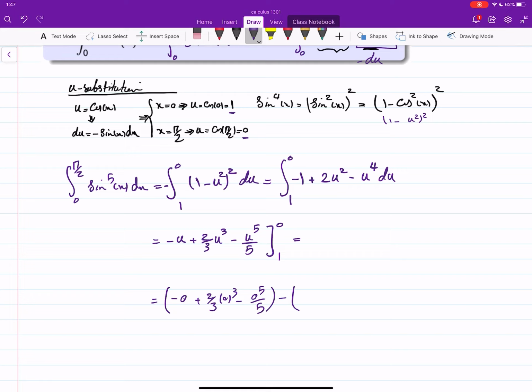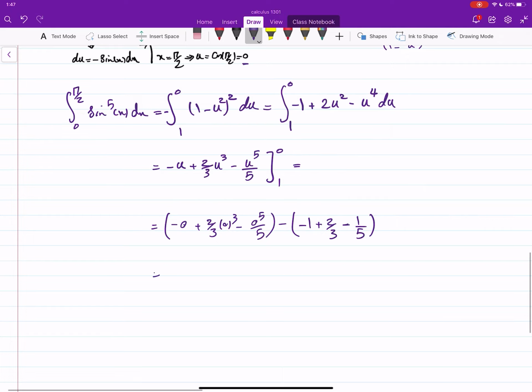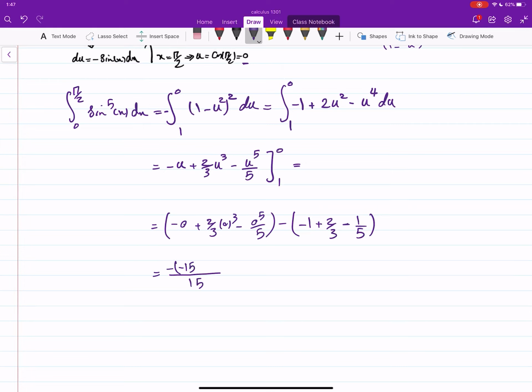Minus, when I plug in 1, this will be minus 1 plus 2/3 minus 1/5. Then find the common denominator. Oh, by the way, I have a minus sign out there. This will be minus 15 plus 10 minus 3 over 15, and that will give me minus 8 over 15, and with the outside minus sign, plus 8 over 15.